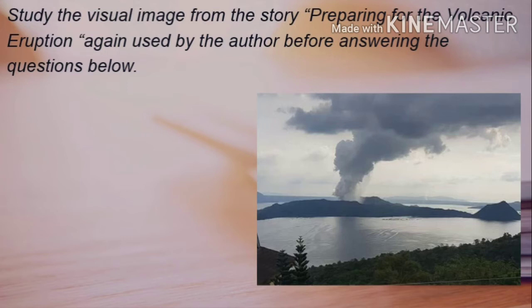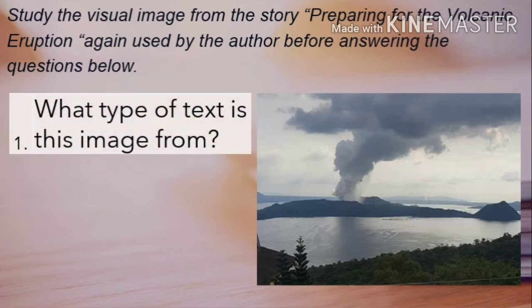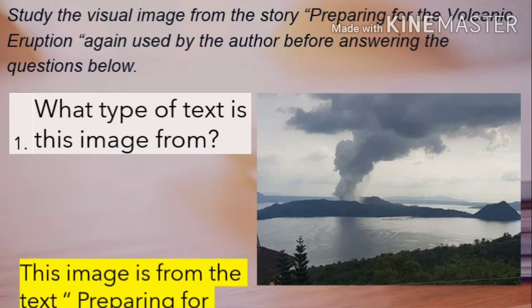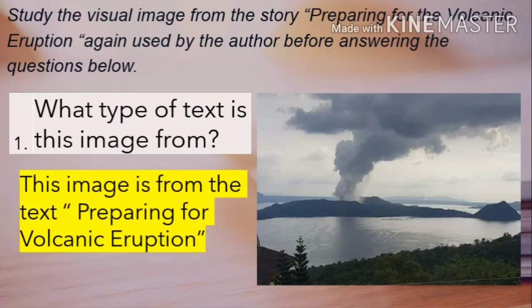So we have there a visual image of an erupting Taal volcano. What type of text is this image from? So this image was used in the text Preparing for the Volcanic Eruption.